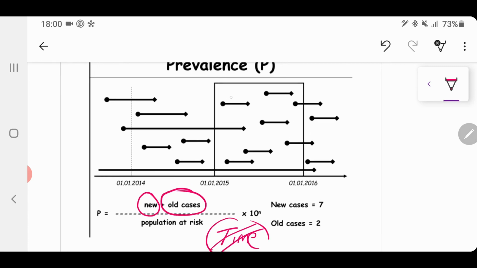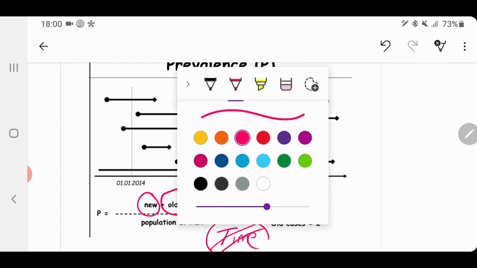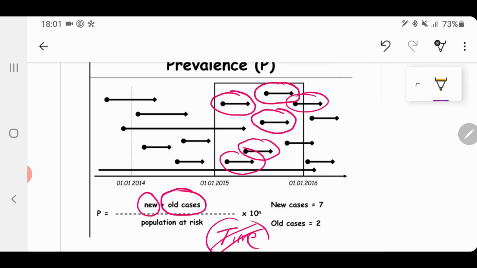The reason is in the pink here, or the red, you can actually see new cases. However, you can also have old cases that have not been, let's say, treated, and have projected all the way into your field of study, which is the present day.